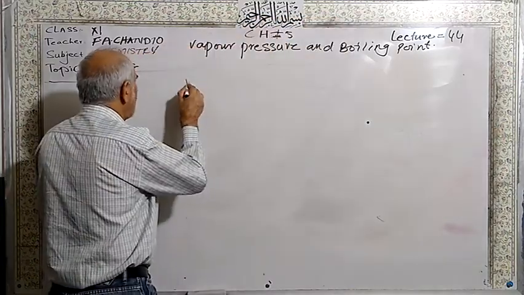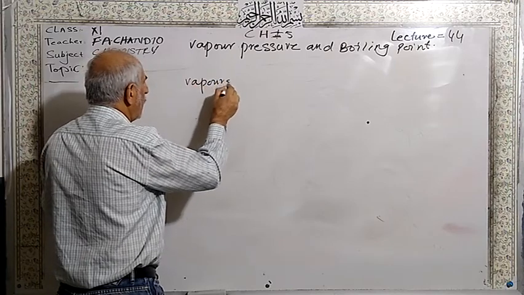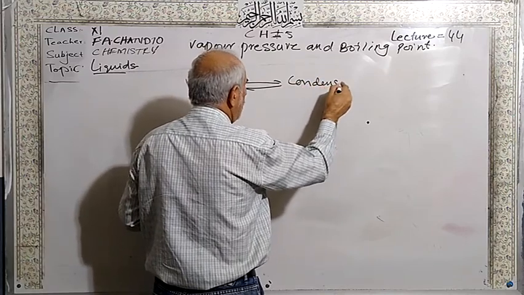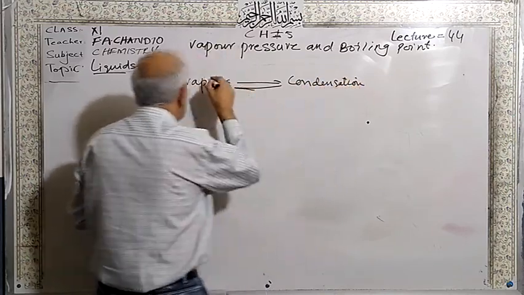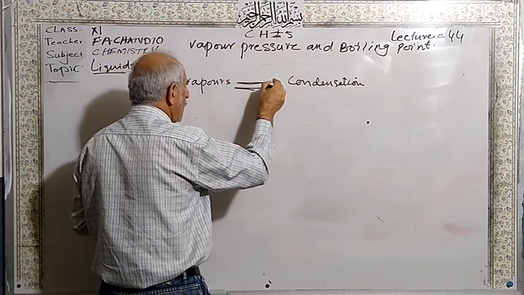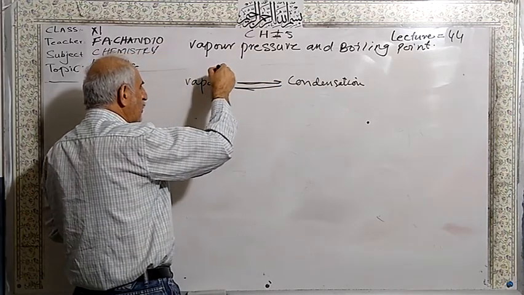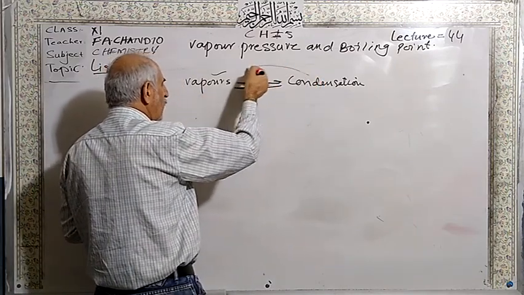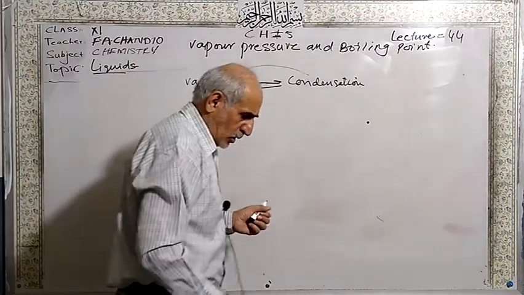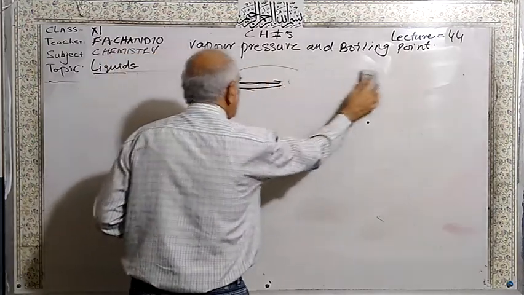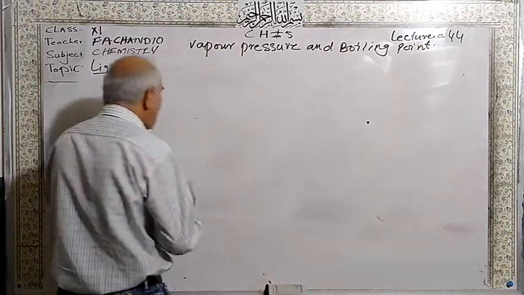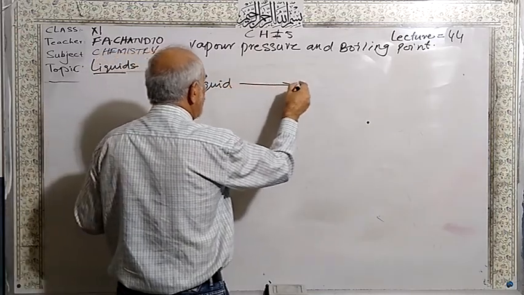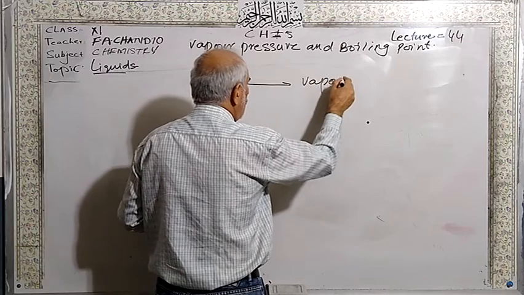So this is the vaporization, vapors, and this is the condensation. When the liquid changes into vapors, and when the vapors change again into liquid, we can say there is condensation.